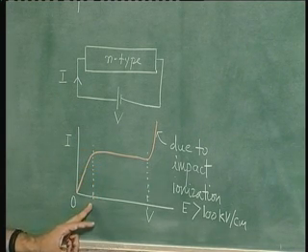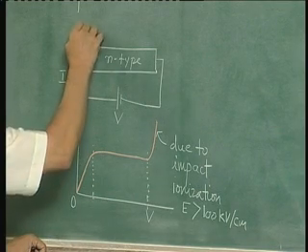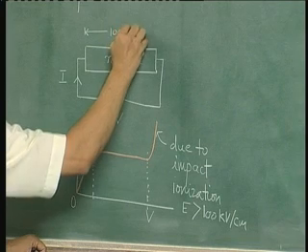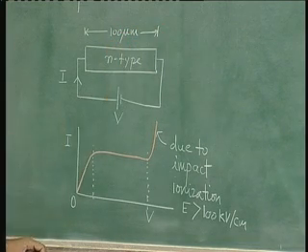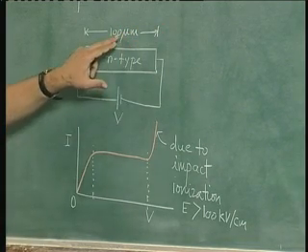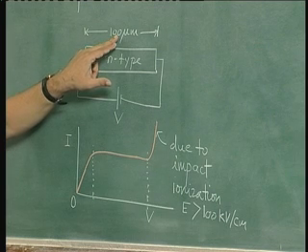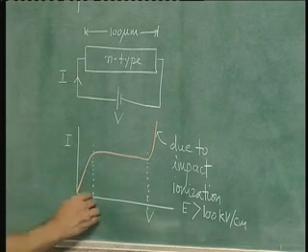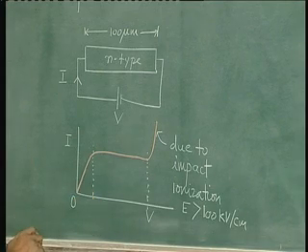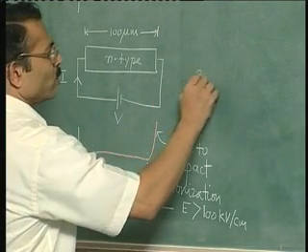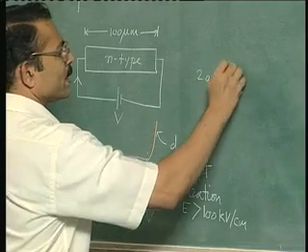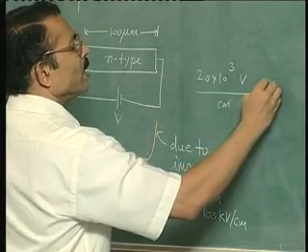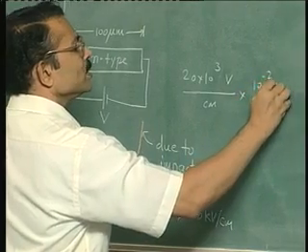Which means if this silicon sample is, let us say, 100 microns in length, so 100 microns is 1/100th of a centimeter, then this voltage would correspond to 20 kilovolt per centimeter, that is 20 into 10 power 3 volts per centimeter into 100 microns, that is 10 power minus 2 centimeter.